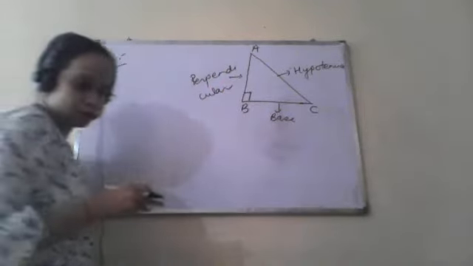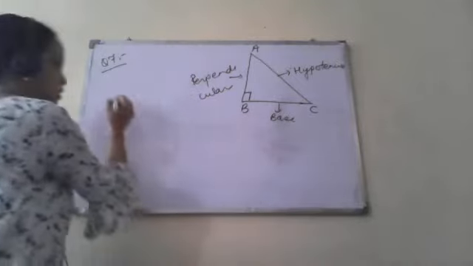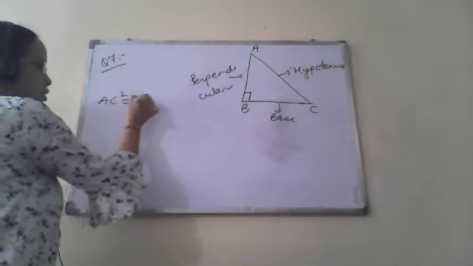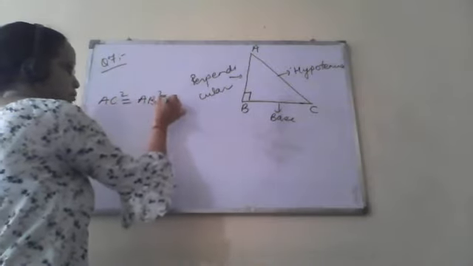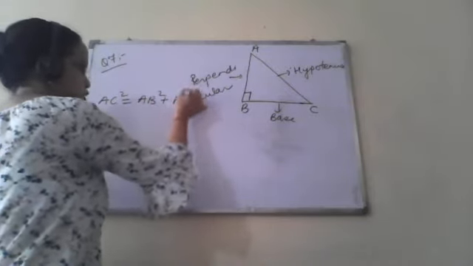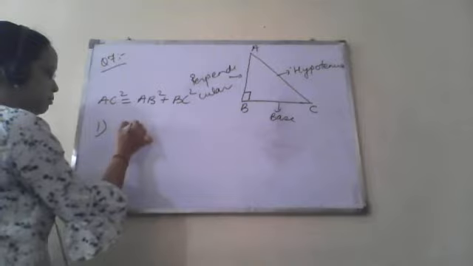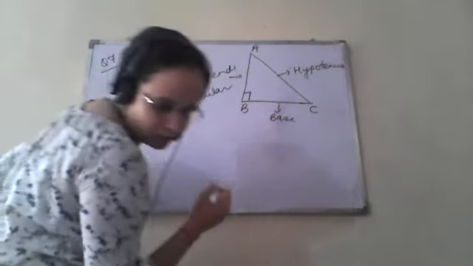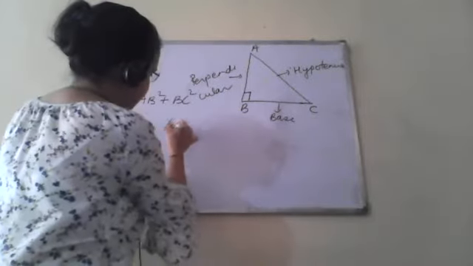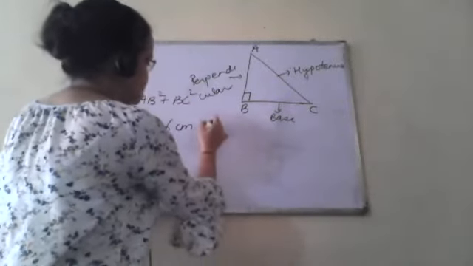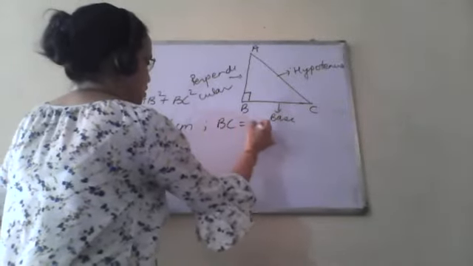So the Pythagoras theorem says, by Pythagoras theorem we have AC square equals AB square plus BC square. So first part is, we have been provided with AB equals 6 centimeter and BC is 8 centimeter.